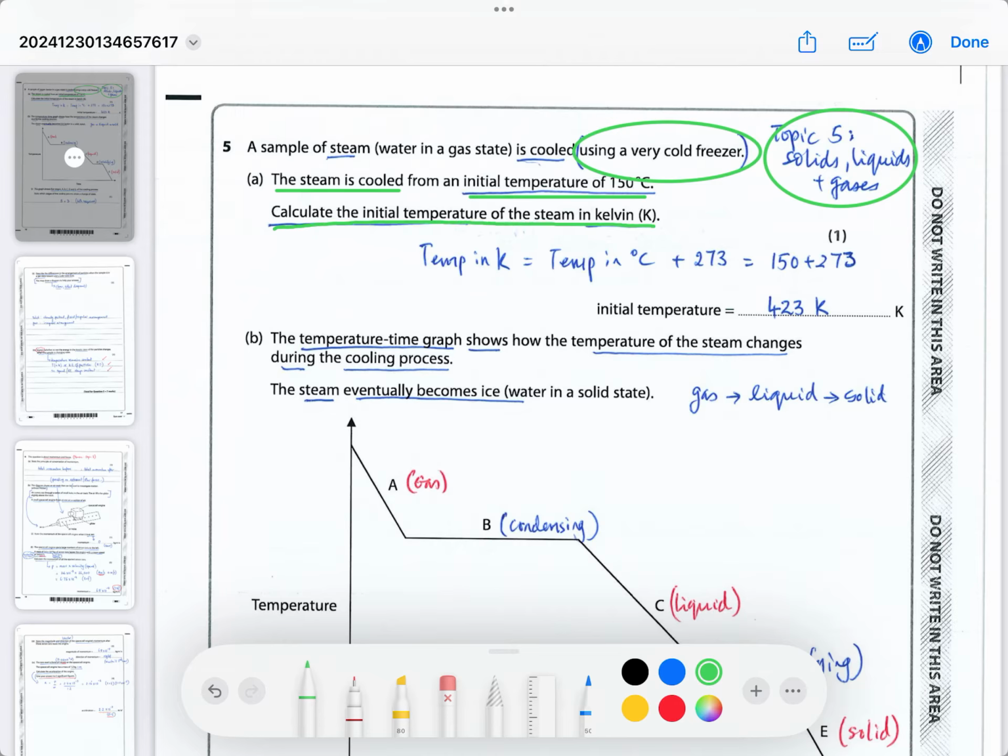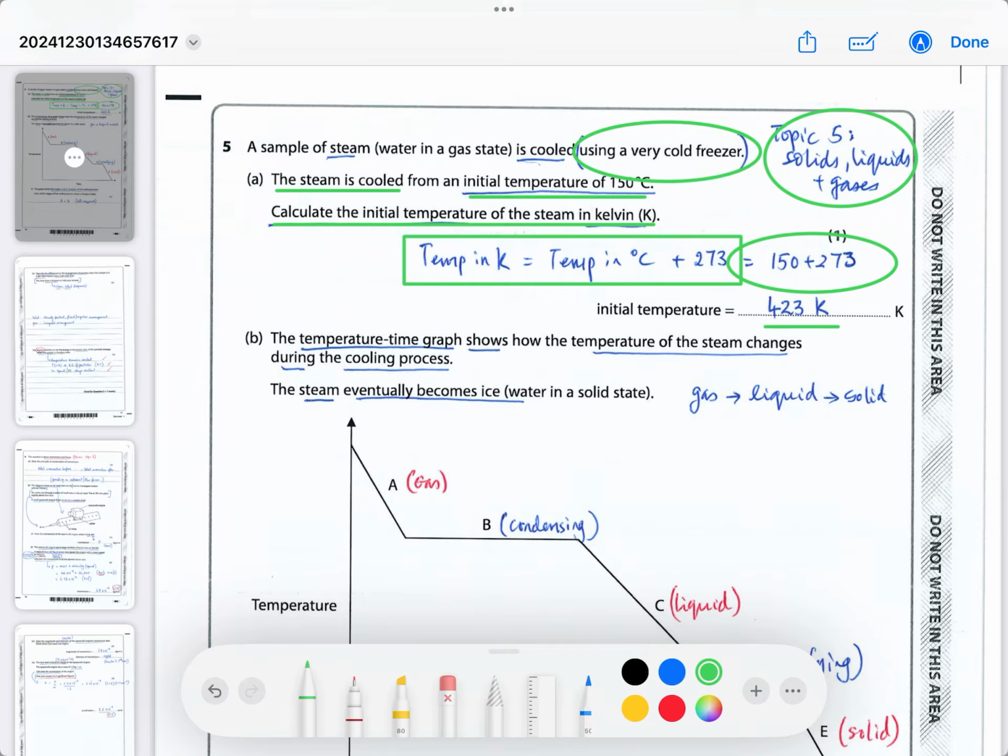First of all, they want you to make sure that you know what Kelvin is, and you remember the temperature in Kelvin is the temperature in Celsius with 273 added, because that's the difference; it starts at minus 273. So once you add the 150 to the 273, you will get 423 Kelvin.